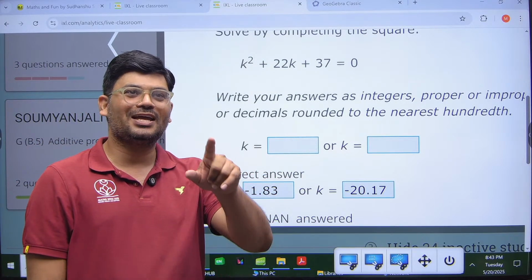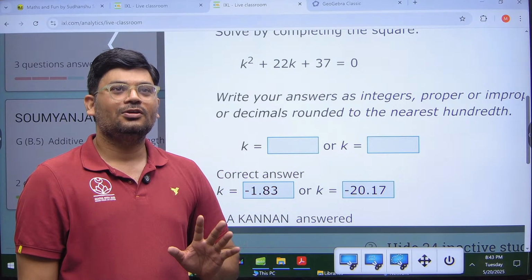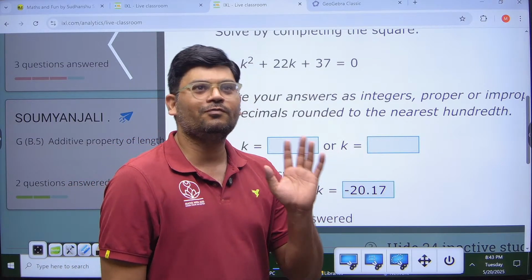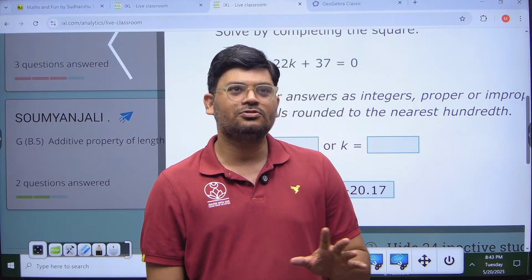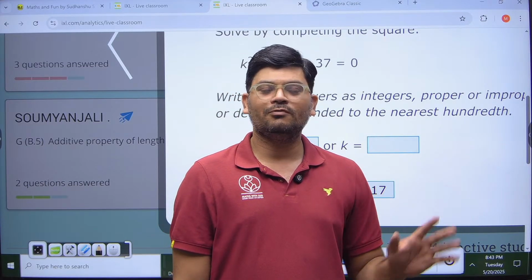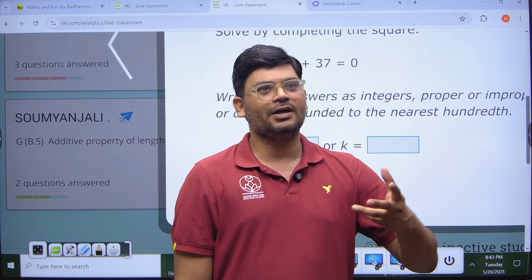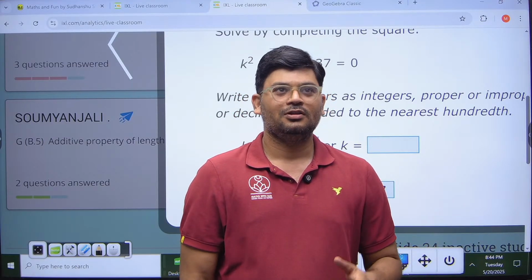I think in your board calculator is allowed for these kind of questions. See, if it is not allowed, then you should answer your question in the root form. Because in CBSE board the calculators are not allowed, so we write the answers in the normal form. See, they are not asking us to find the values of under root. It is not a question of square roots. That's a different topic.